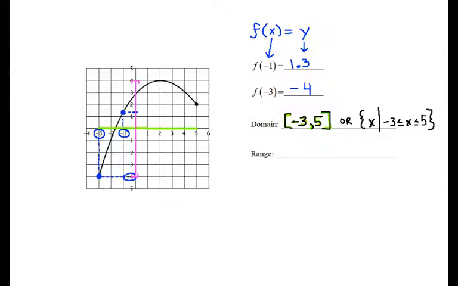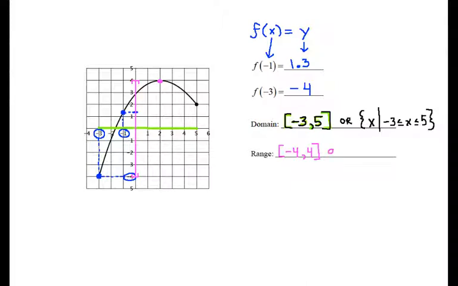And therefore, I'm going to write my range using interval notation as the interval from -4 to +4, with, again, square brackets. Both of those endpoints are included. Even the point at the top of the hill is a point on the graph, and therefore we would use a square bracket there.